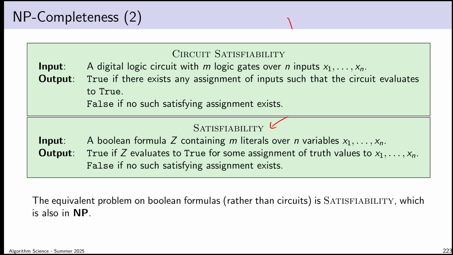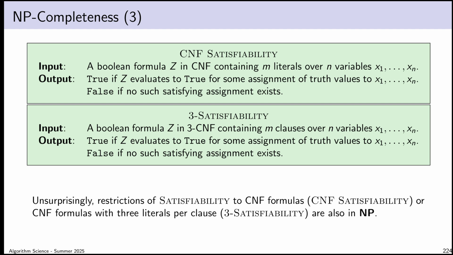I guess it shouldn't surprise you that if I hand you a Boolean formula, here's a Boolean formula that is an arbitrary satisfiability instance, and I give you some satisfying assignment, you could just plug it in and evaluate the formula. That would be one way of validating the certificate. And so satisfiability is also in NP.